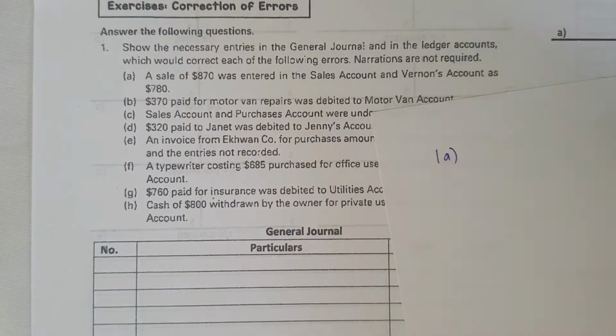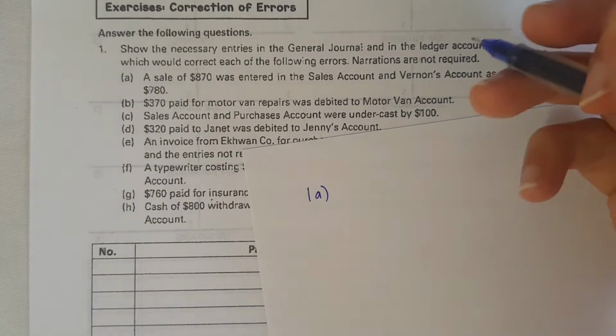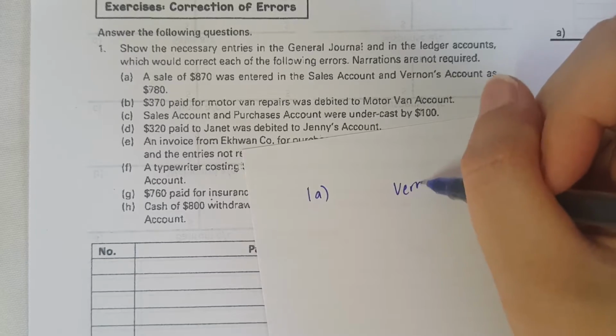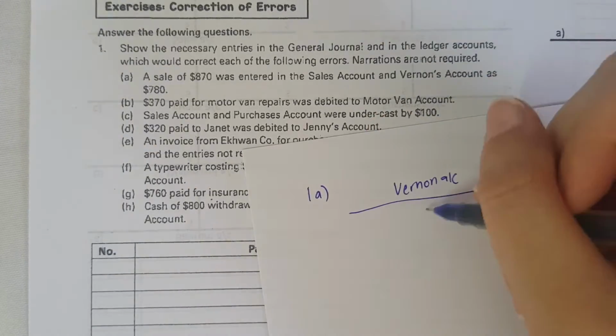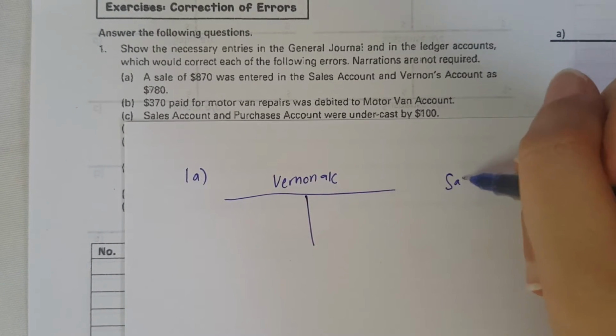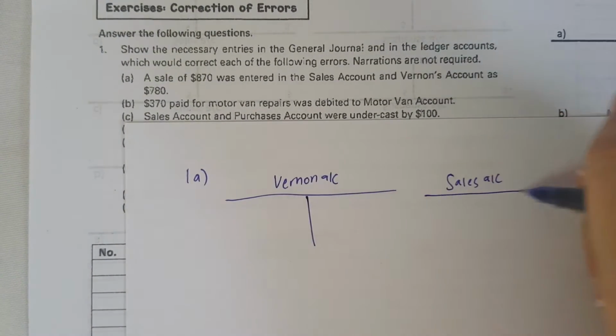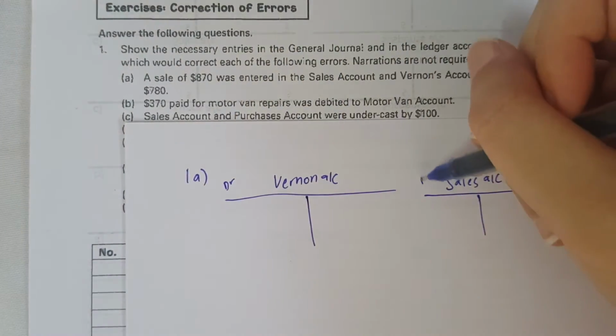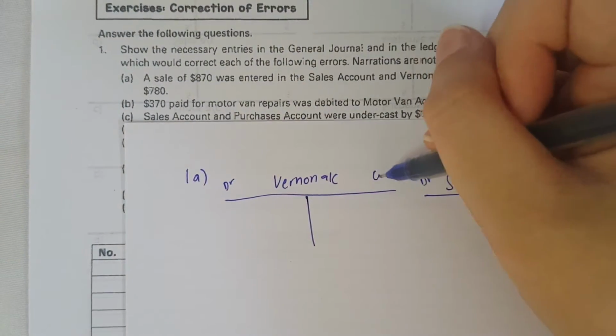So 1A, first just draw out the double entry. Sales to Vernon, so we will have the Vernon account and then the sales account, okay? Sales account, as always, on the left hand side is debit and on the right hand side it will be credit, okay?